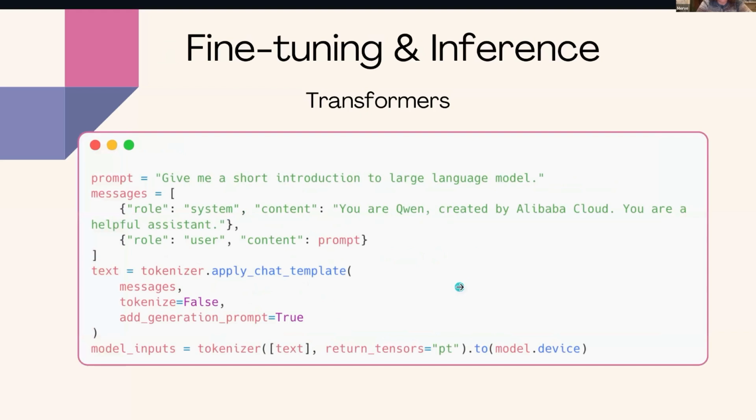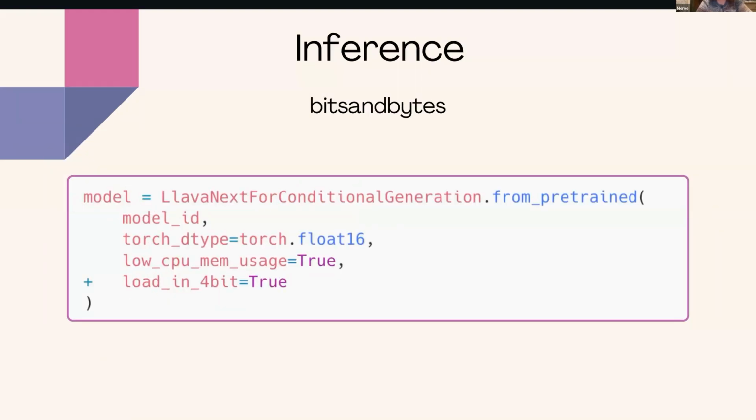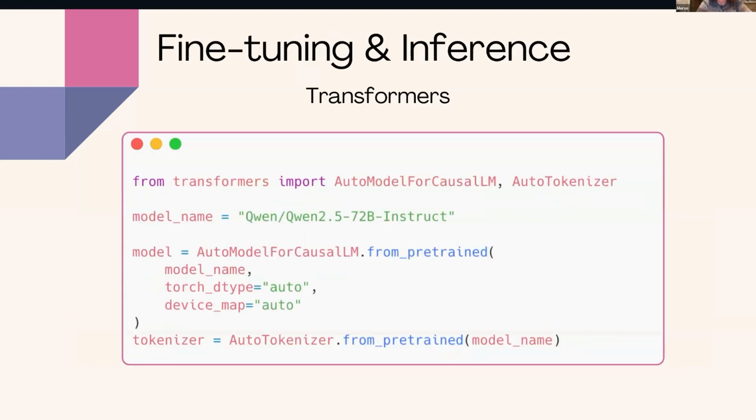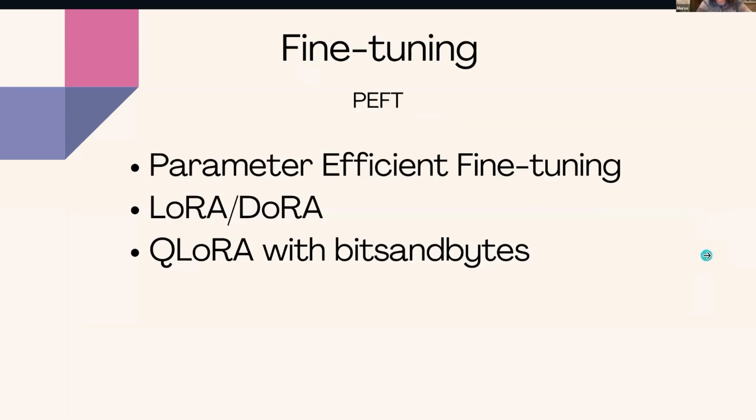Bitsandbytes is a library for 8-bit quantization of these models. Basically, how you would load a Hugging Face transformer model, you can just add a few lines of code, even one line, and it will load the quantized weights.